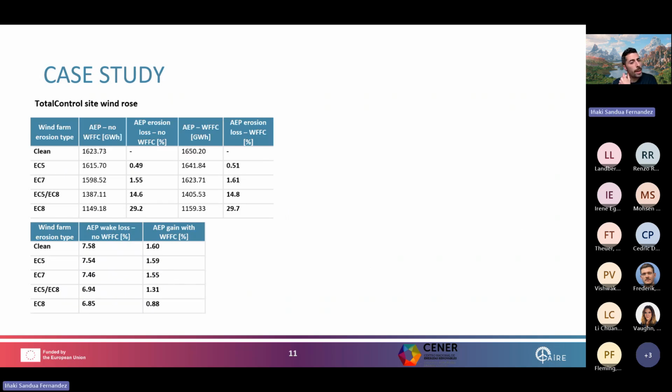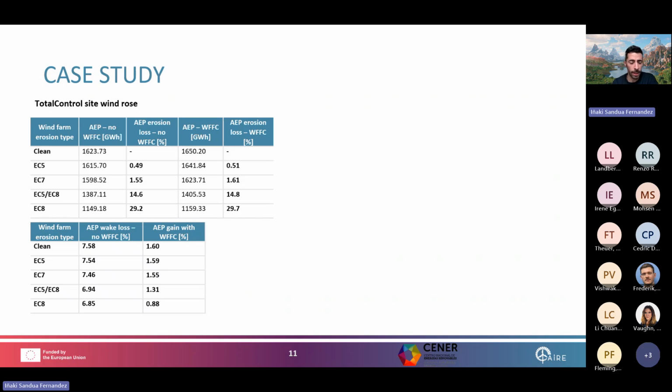So now if we take a look at the AEP values, well, the first thing we can notice here is that obviously as erosion increases, the energy produced goes down for both the case without and with wind farm control.